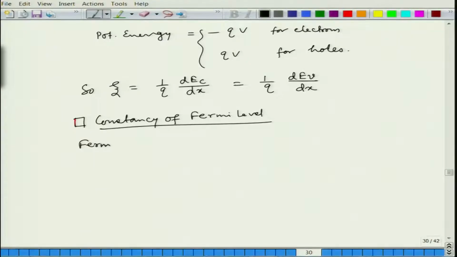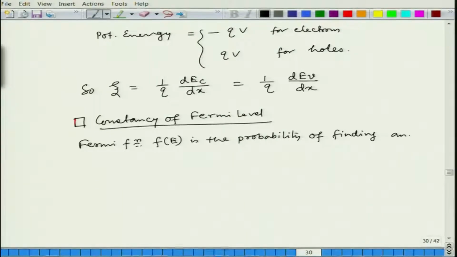So, Fermi function Fe is the probability of finding an electron in the energy level E, okay, or an electronic state at energy level E, whether it will be occupied or not, that probability is represented by the Fermi function, right.